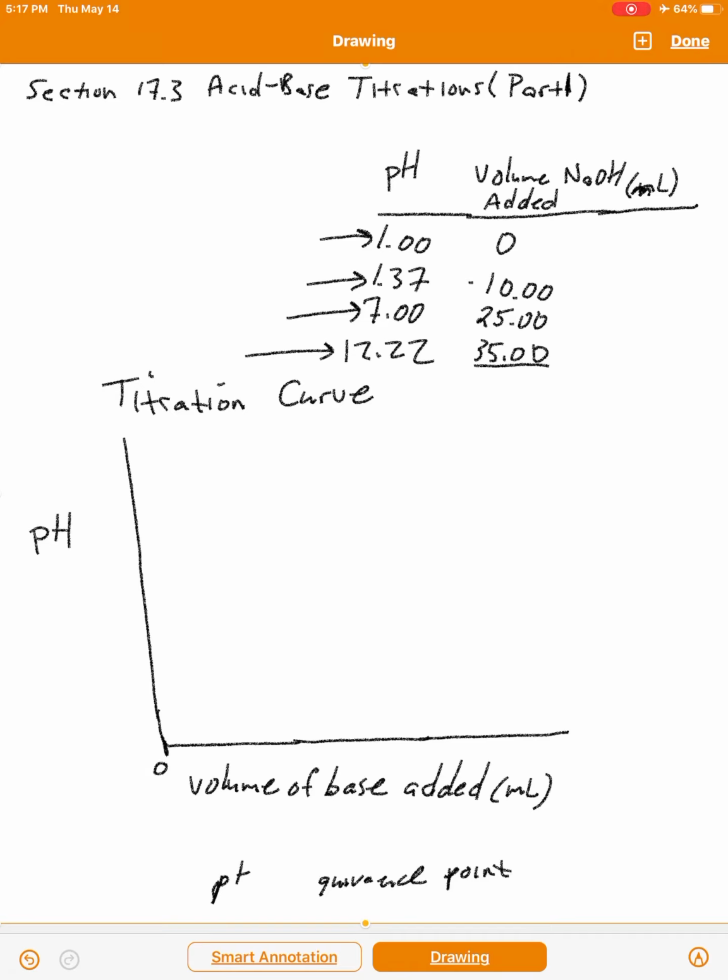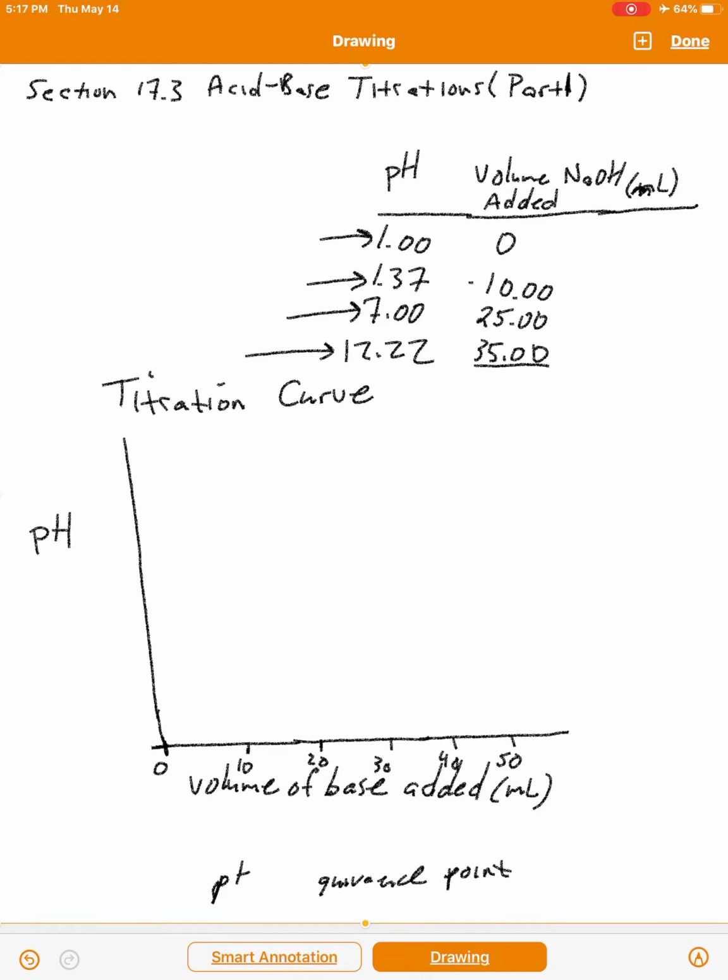So we'll make our scales here. 0, we went all the way to 35, right? So let me do 10. Try to make these pretty evenly spaced. It's not perfect, but there's 50. We didn't go up to 50, but I'll extrapolate a little bit just to show you.